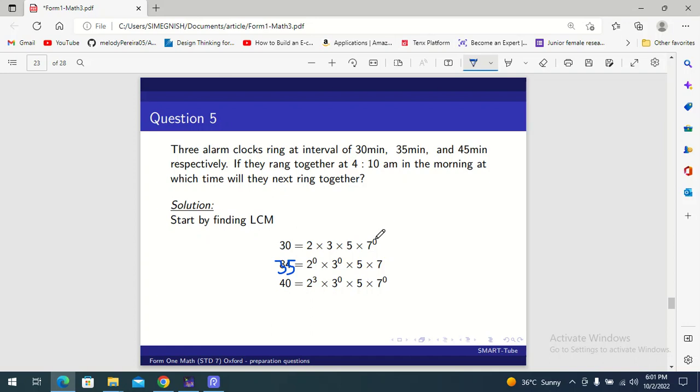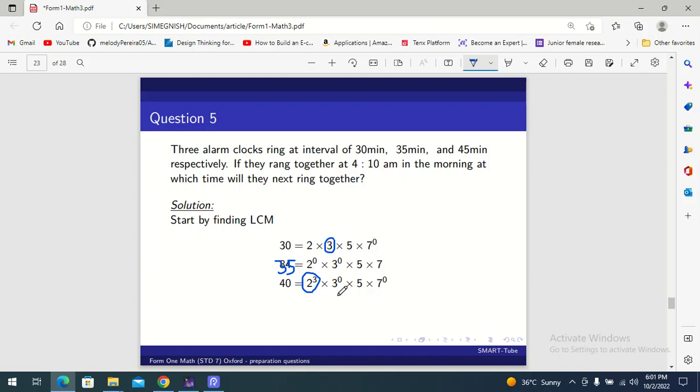I add 7 to the power of 0 and 3 to the power of 0, just to put a common form here. For the LCM, we are looking for primes with the highest power. So for the first prime 2, we choose this one, and for 3 the highest power will be 3 to the power of 1.